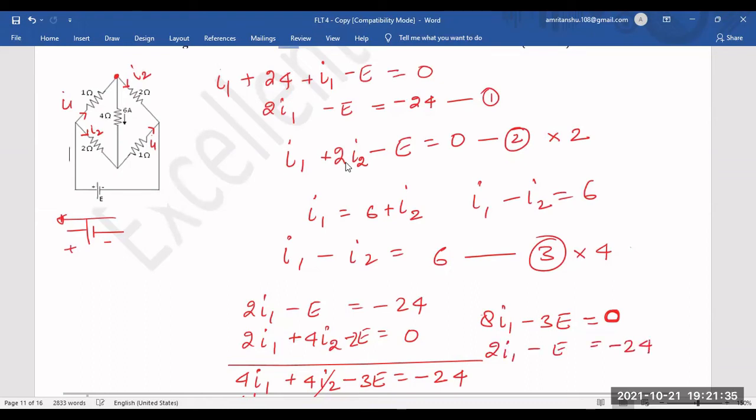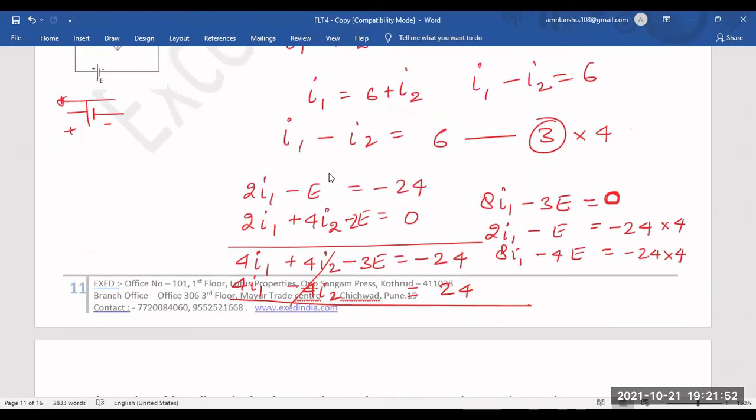So if I multiply this with 4, what do I get? 8i1 minus 4e equals 16i1.